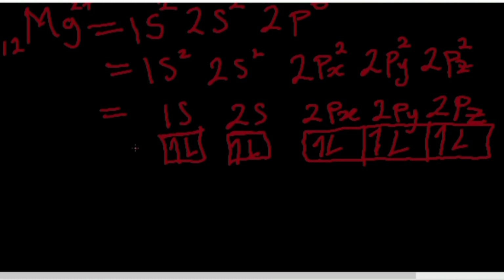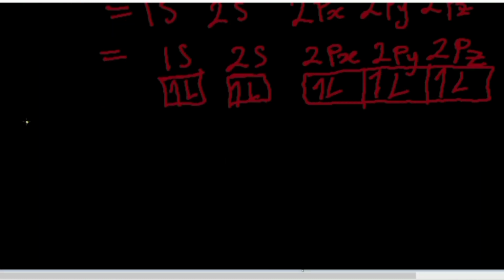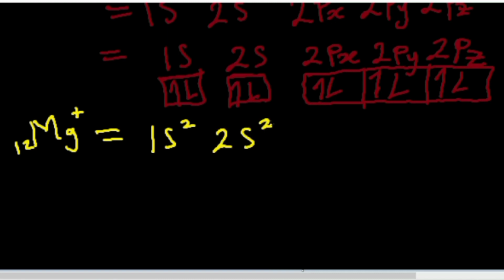Now let me add, let's say we have magnesium that has lost only 1 electron. Okay, yes, so you have 12 here, so meaning this magnesium is having 11 electrons. You have 1s taking 2, 2s taking 2, 2p taking 6, and then 3s having 1.